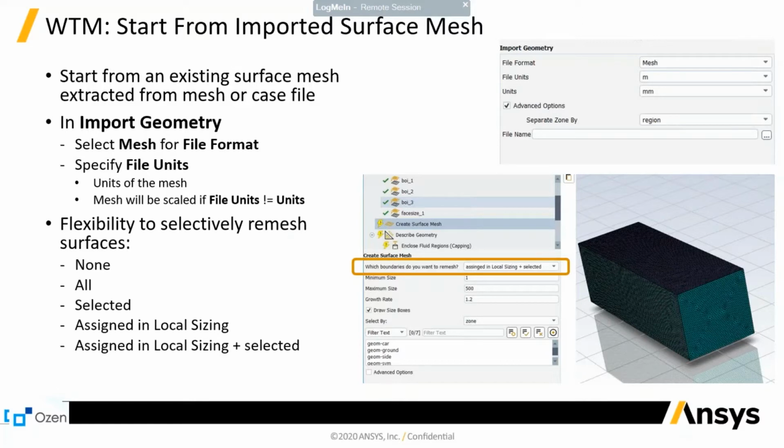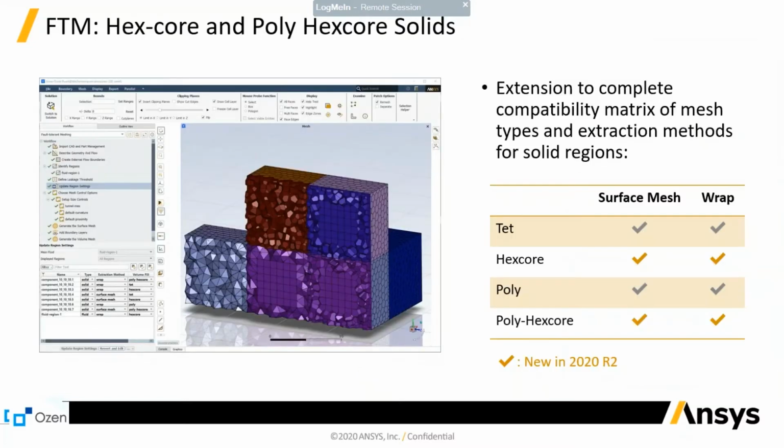You can now import it directly into the watertight meshing console, and then grow a volume mesh from the existing surface mesh, or tweak and improve it, and create a better volume mesh out of it. So you don't need to have the actual CAD. You can start from a surface mesh, which is very helpful, especially in many examples where it's hard to get the detailed geometry.